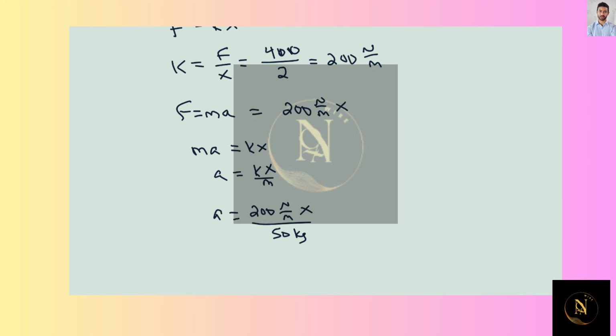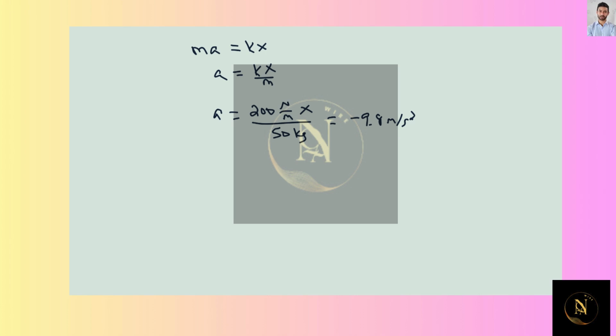And this equals negative 9.8 meters per second squared for acceleration due to gravity, and therefore x would be equal to negative 9.8 meters per second squared times 50 kilograms over 200 newtons per meter.